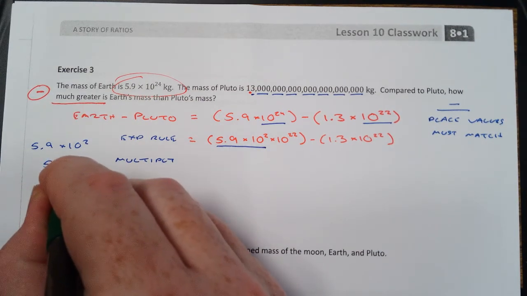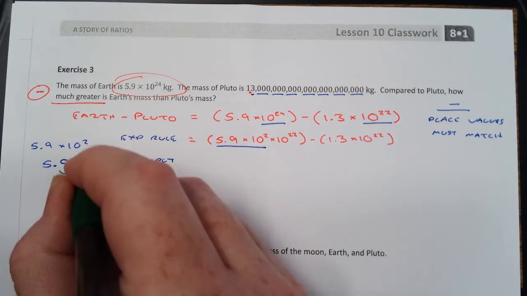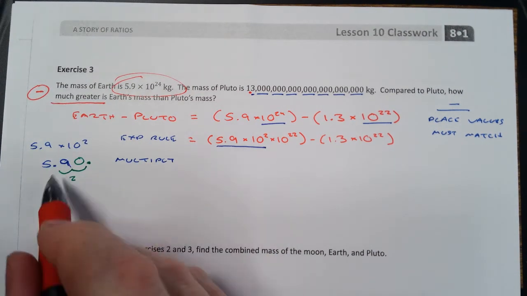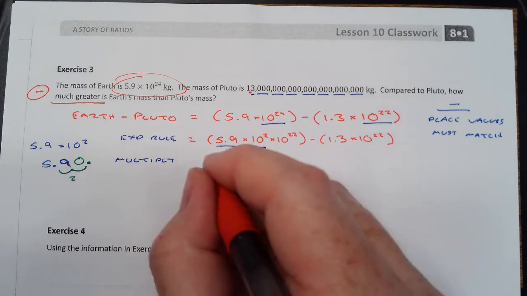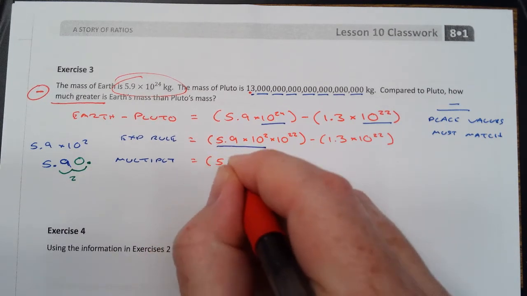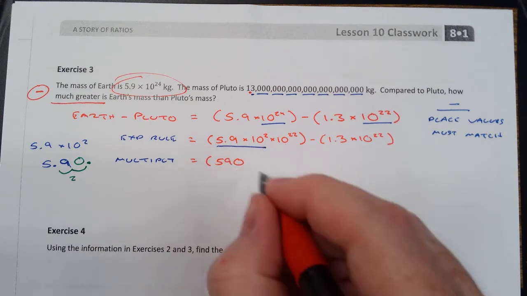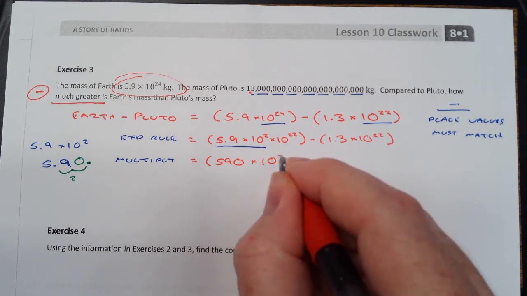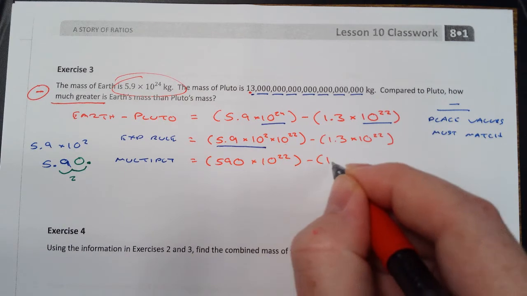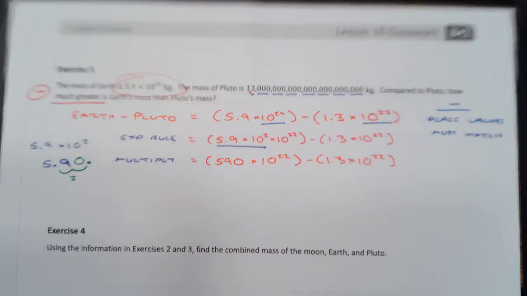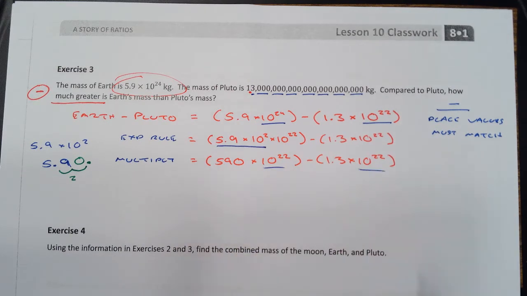So it gets bigger by jumping 2 place values. So now instead of 5.9 times 10 squared, I have 590. So those two pieces turn into 590. And now the only place values I have left in the equation match. I have matching place values now.